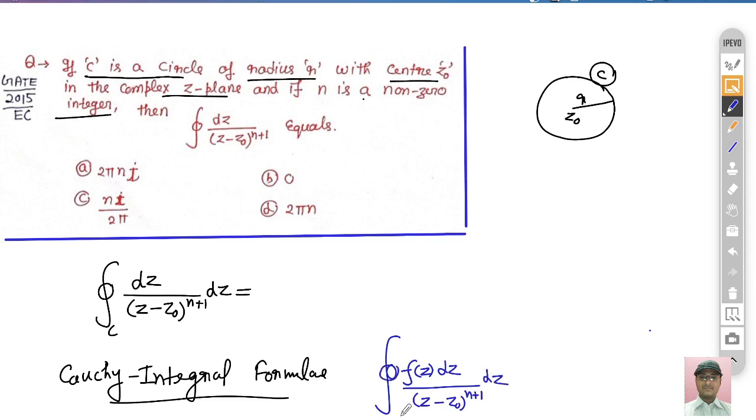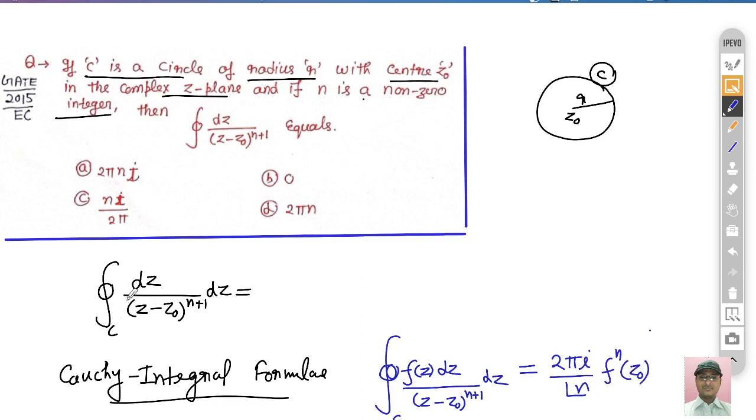This is the formula, and this z naught must lie inside this circle C. So the formula gives 2 pi iota upon factorial n, times the nth derivative of f at z naught, right?